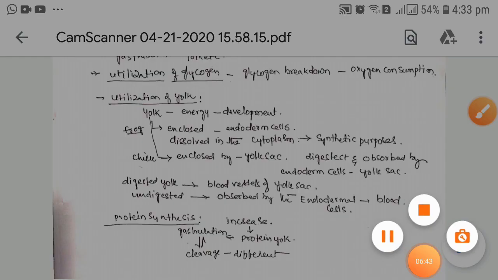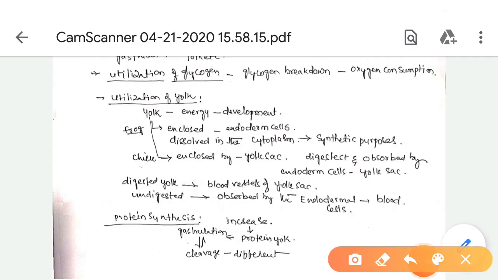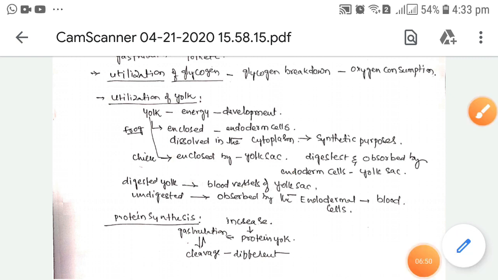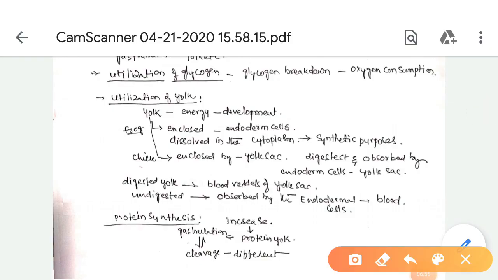In the chick embryo, the yolk is enclosed by the yolk sac, and the yolk is digested and absorbed by the endoderm cells of the yolk sac. Here there are two types: digested yolk and undigested yolk.